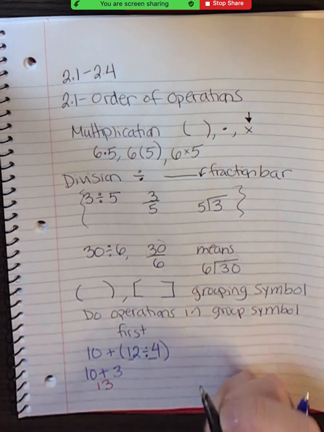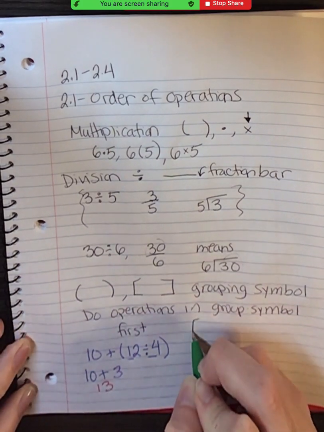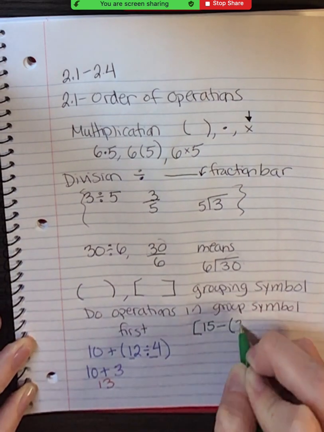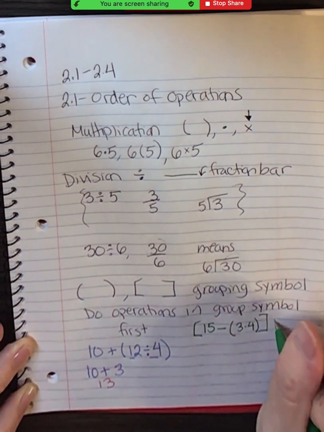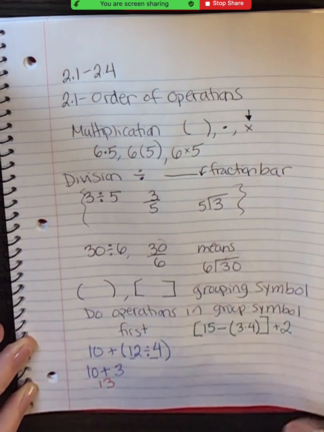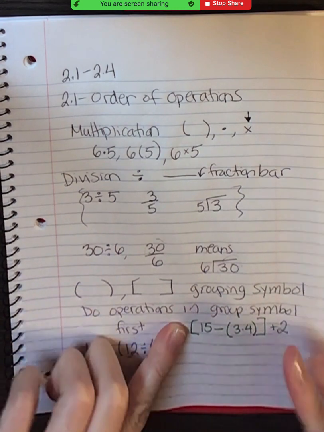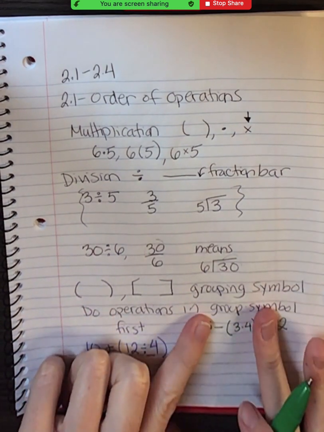Or if you have bracket 15 minus a parenthesis, 3 times 4, close your parenthesis, close your bracket, then add 2. The grouping symbols mean go inside first. So I do inside the brackets. But then inside that, I have even more parentheses.